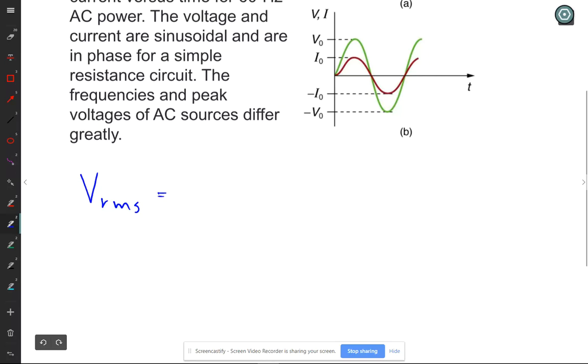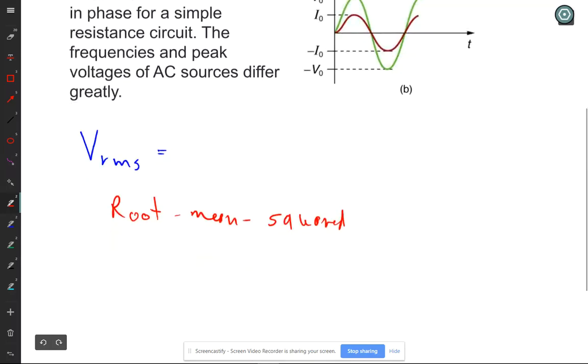And so for a sinusoid, you do the calculus. What does RMS stand for? Remember from last semester? Root mean squared. So what you do is you take the square root of the average of the square.